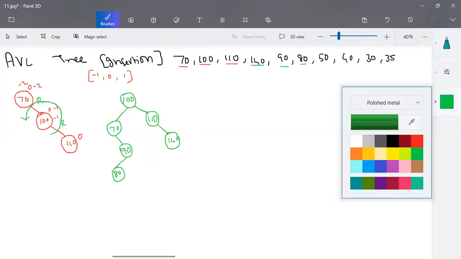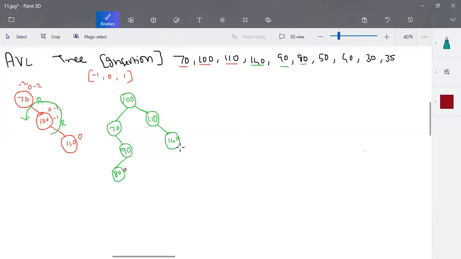Now calculate the balance factor. For 80, it is 0. And for 140, it is 0. For 90, the height of the left subtree is 1 and the height of the right subtree is 0, so the balance factor is 1 minus 0. And for 70, there is no left subtree, so it is 0 minus the height of the right subtree.